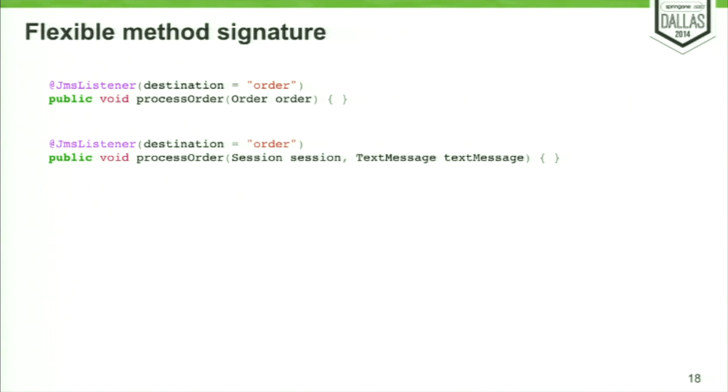So there's even a benefit here. You get the JMS session and the JMS text message, and you can basically do whatever you want with them, extract headers, create response messages, whatever it is. You don't get any payload conversion that way. You just get the message the way JMS provides it to you.